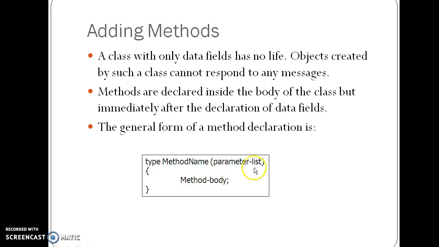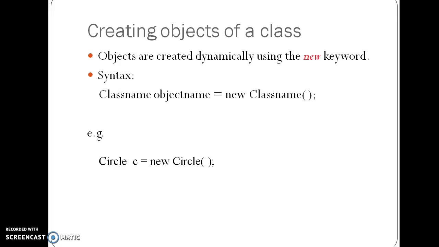In parentheses, you specify the parameter list if you are using one, otherwise you keep the brackets empty. Then the body of the method is opened with an open curly bracket and ends with a closed curly bracket. This is the syntax for adding a method into the class.